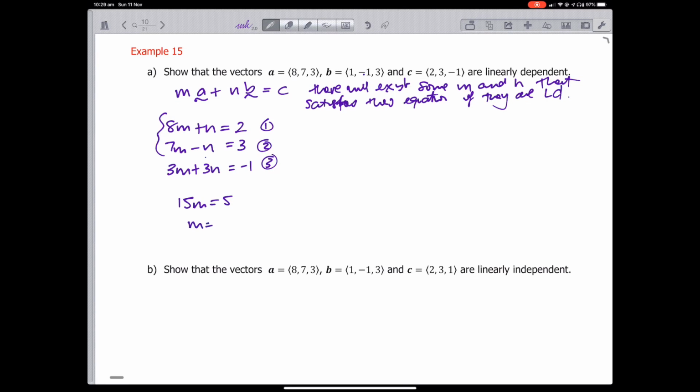M is equal to 1/3. Okay, so let's put in M equals 1/3. N is going to equal 2 minus 8 thirds. Now does that satisfy? Have I stuffed something up? 8, 1, 2, 7, negative 1, 3.